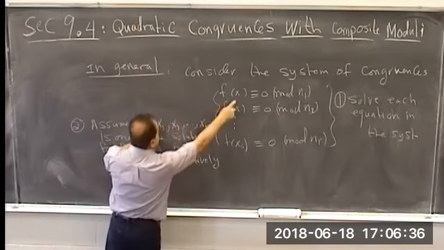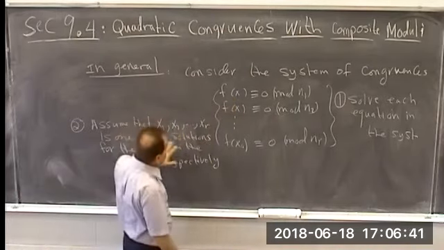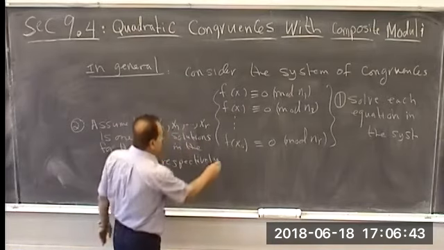Means x1 is for the first equation in the system, x2 for the second, and so on. There might be more than one solution, okay?